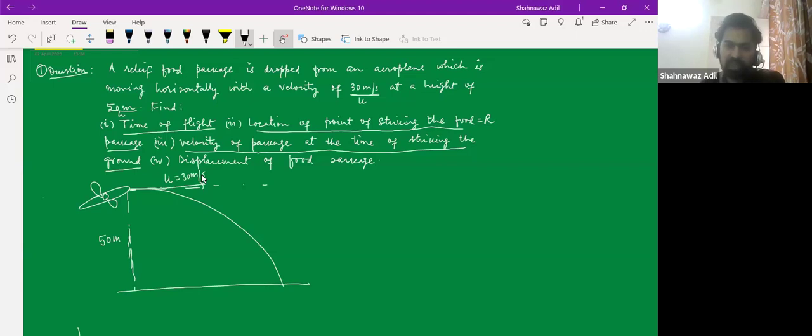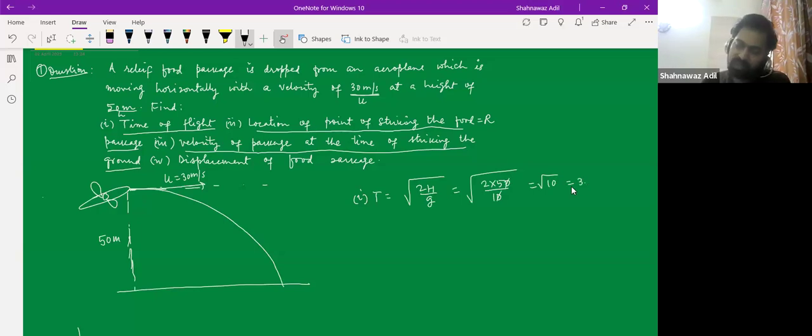So time of flight we need to find out. We already know that time of flight is root 2h by g. So this would be simply root of 2 times 50 over 10, which is root 10, or we can just stop at root 10.